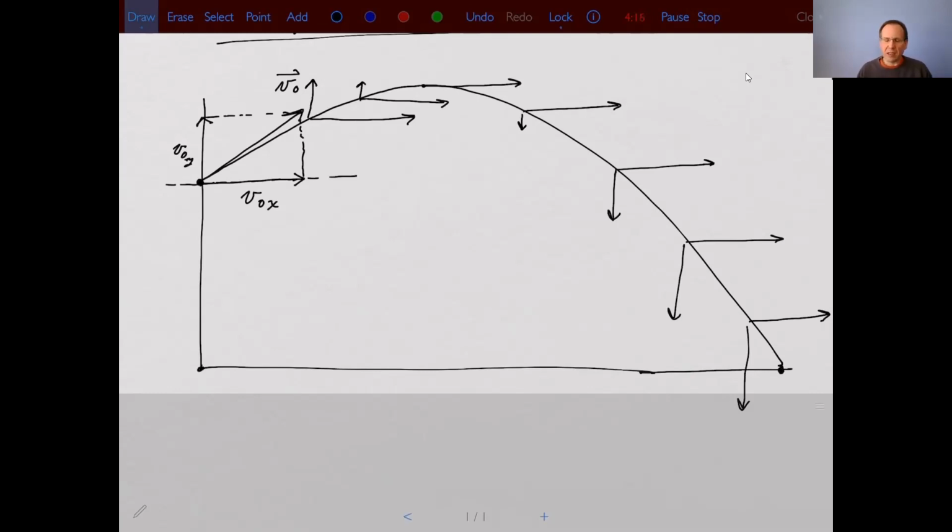But there's a very special horizontal displacement, and it's defined to be from the point of projection, which is right here, I'll do it in red, to a point on the path that's at the same elevation as the point of projection. So if I go to the path, the same elevation, same height, that'd be right here. And that horizontal displacement that's at the same height is called the range.